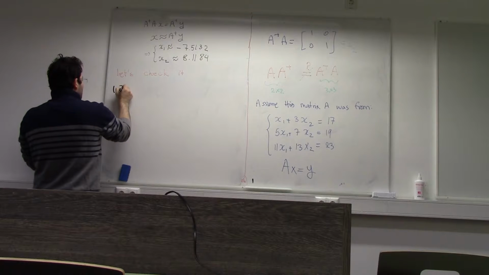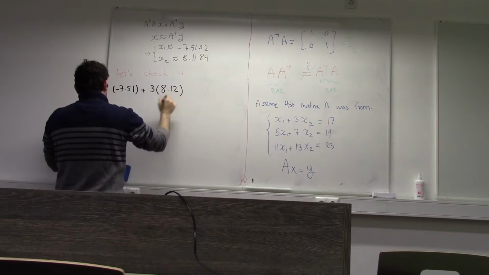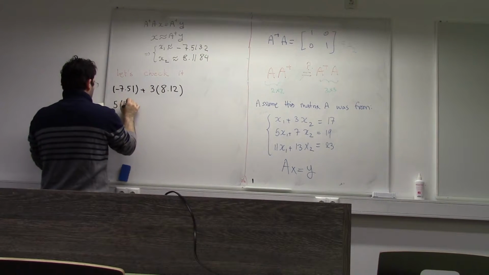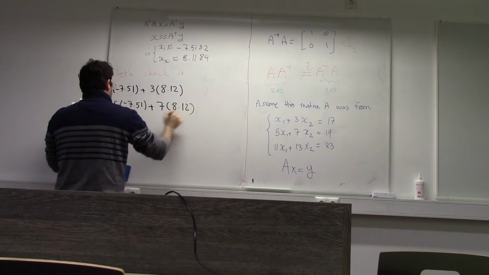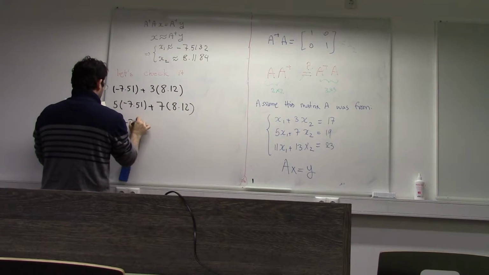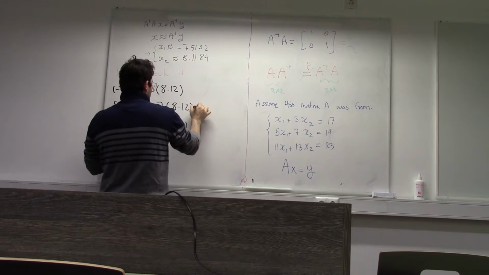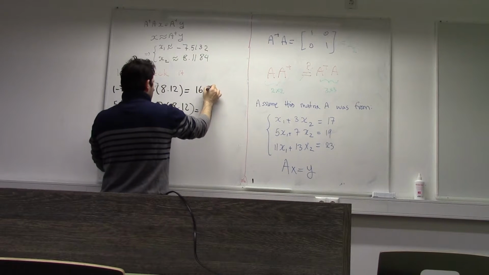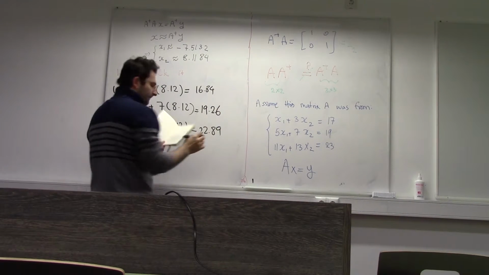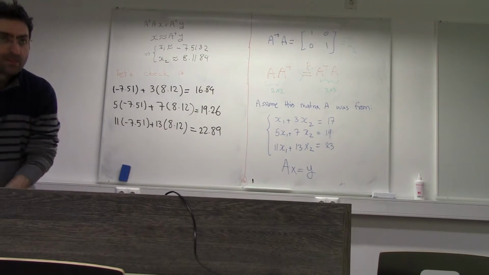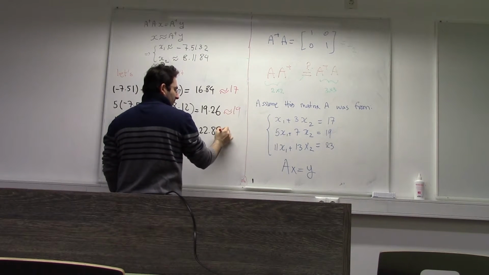And we get this: minus 7.51 plus 3 times 8.12, 5 multiplied by minus 7.51 plus 7 multiplied by 8.12, 11 multiplied by minus 7.51 plus 13 multiplied by 8.12, which gives 16.84, 19.26, 22.89, which is approximately 17, approximately 19, approximately 23.